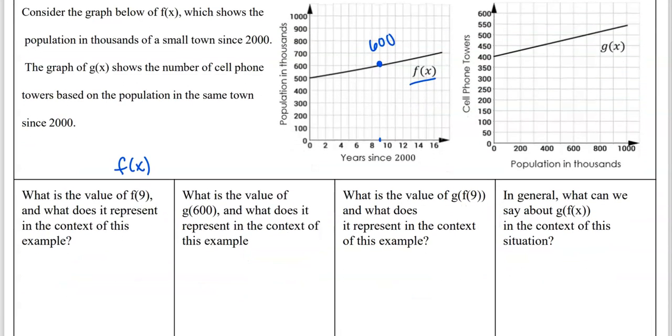Okay, so f of 9, the first question is what's the value? Now it's not just 600 though. There you go, 600,000. So what does that mean? So in context, this first graph says years since 2000 and population. So we should use those words to interpret.